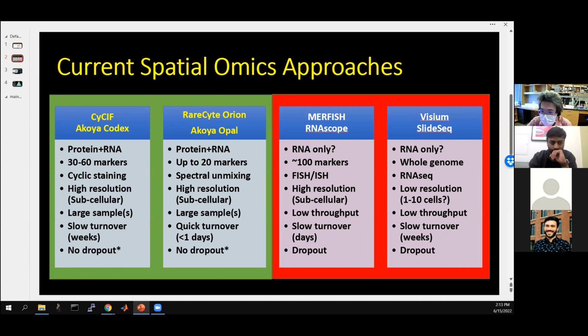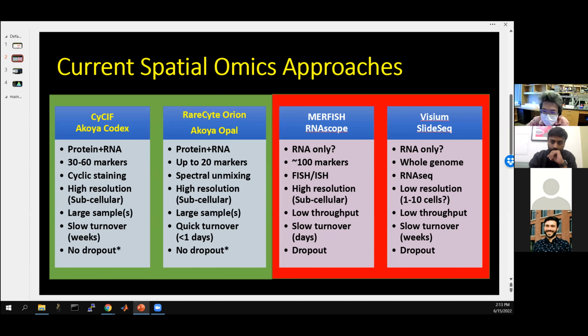So in a way, I think that's something very different from spatial omics. Also, the spatial proteomic approach can process a much larger amount of sample. In one single experiment, you can process 50, 100, or even, in the future, maybe more.